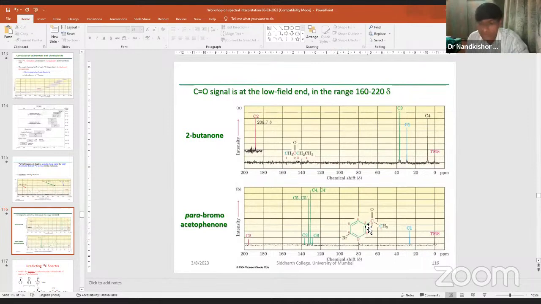The quaternary carbon attached to the carbonyl carbon is considered to be more deshielded, and the carbonyl effect will be on the ortho position as well as on the para position. And bromide is considered to be an electron-rich species because of the lone pair of electrons. So it does not have that electron withdrawing effect like C3, C4, and C5. That's why the C6 value is comparatively less than the others.